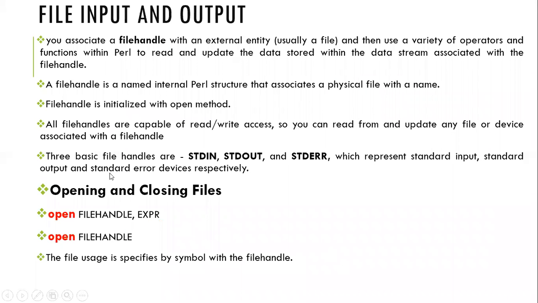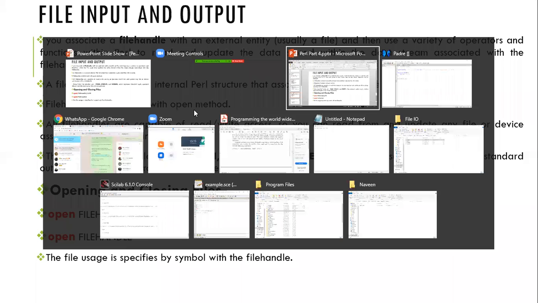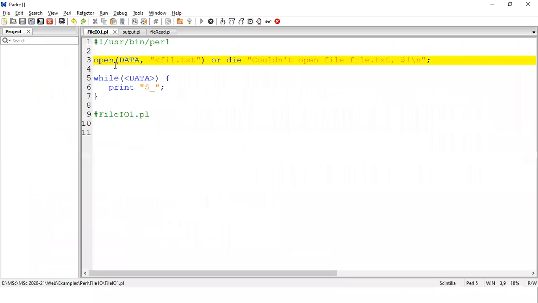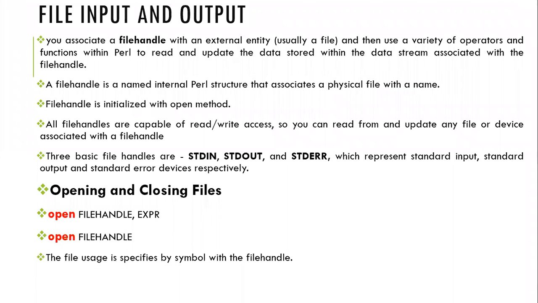Yes, the file handler is initialized with the open method. Yes, we have seen that one. The file handle is going to be initialized with the open method. All file handles are capable of read or write access, so you can read from or update any file or device associated with the handler. The basic built-in function is already this one.